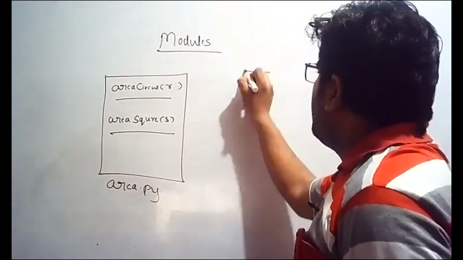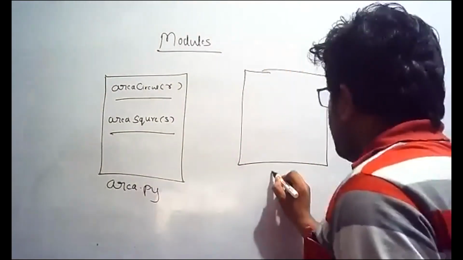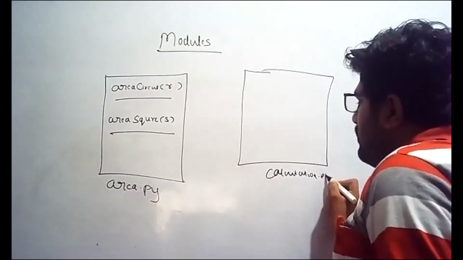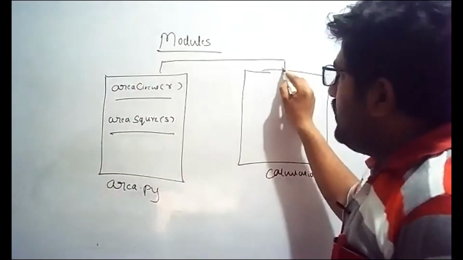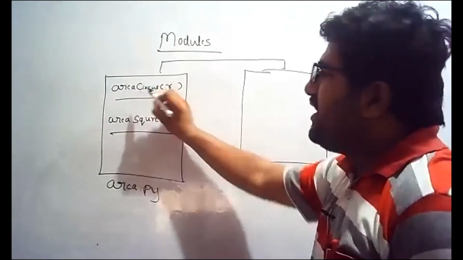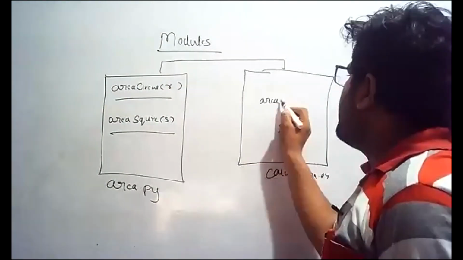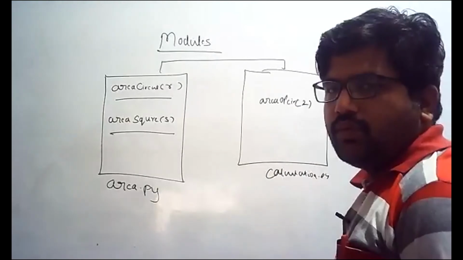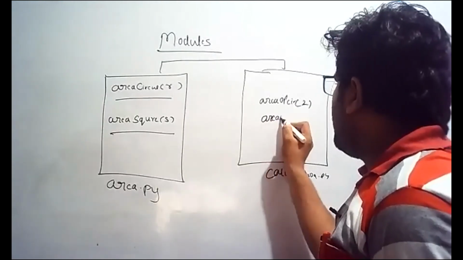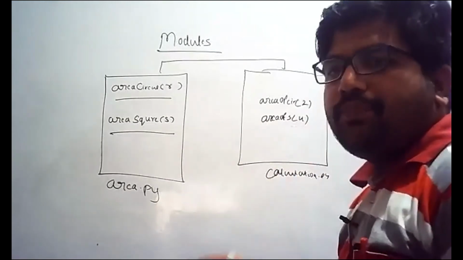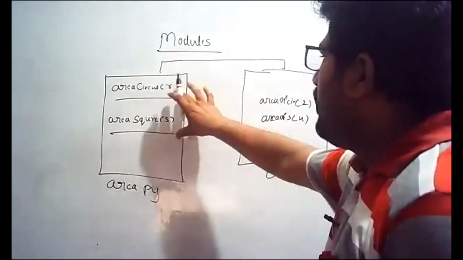Then in a calculation module, calculation.py, import this one here. Just call area of circle, pass radius as 2. Just call area of square, pass 4. You need to print the result by calling these functions.